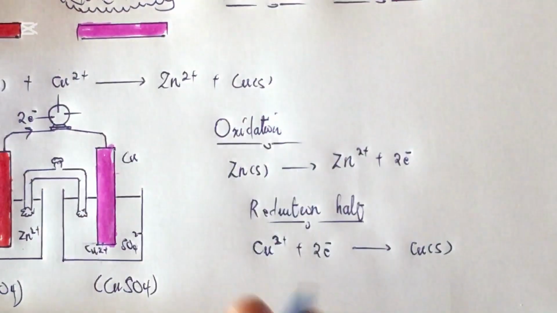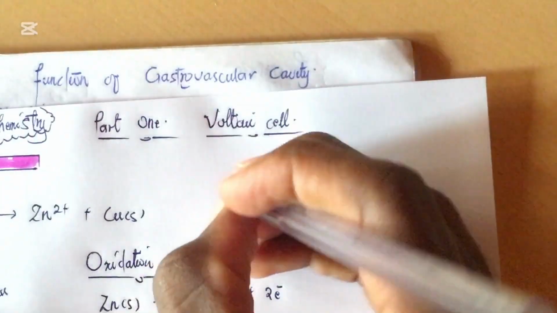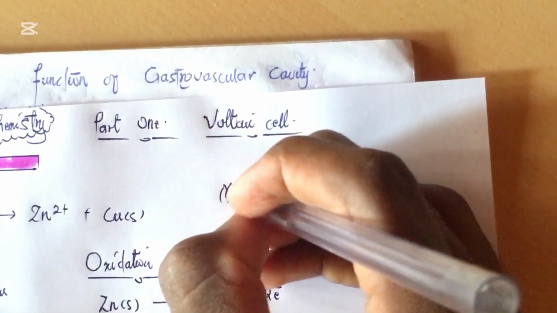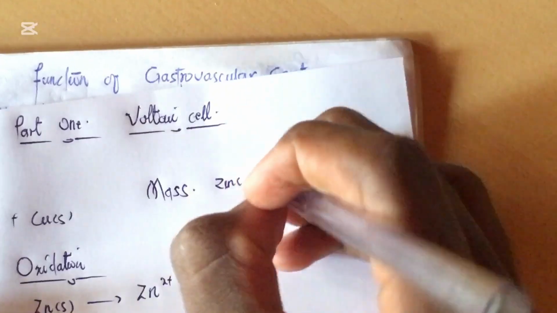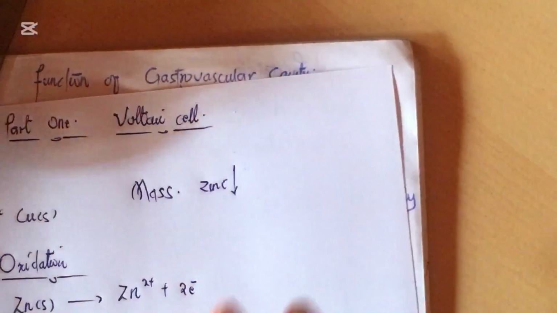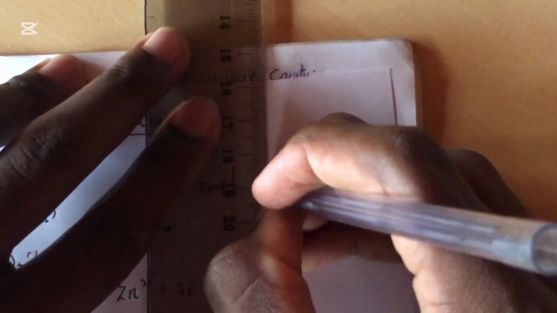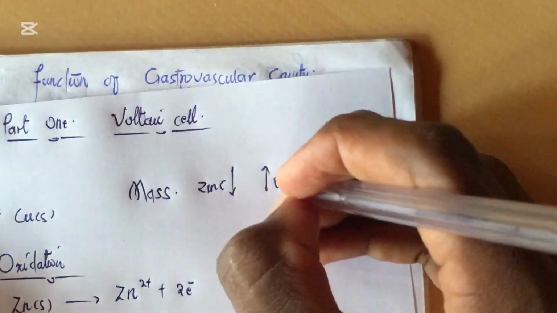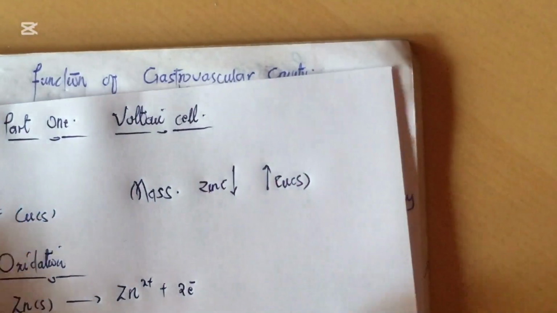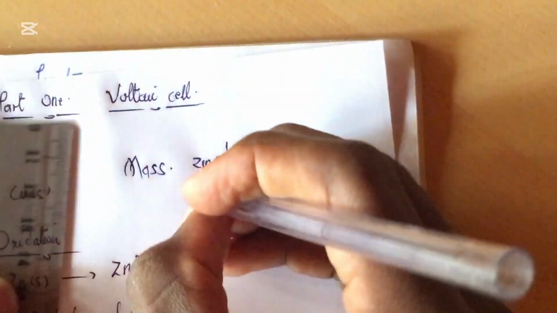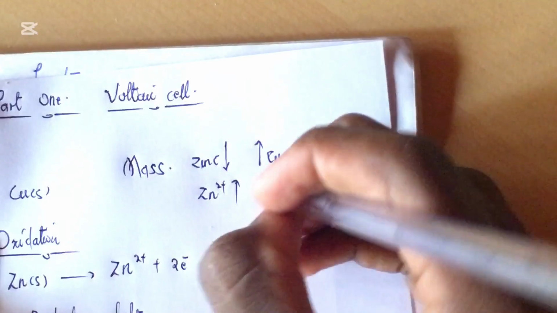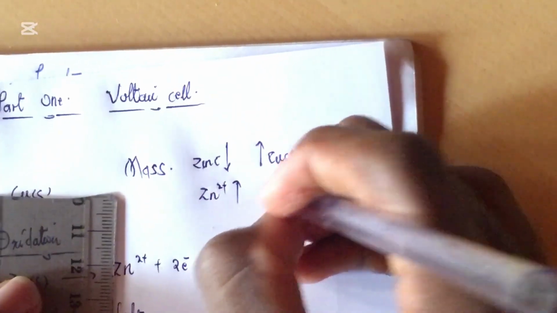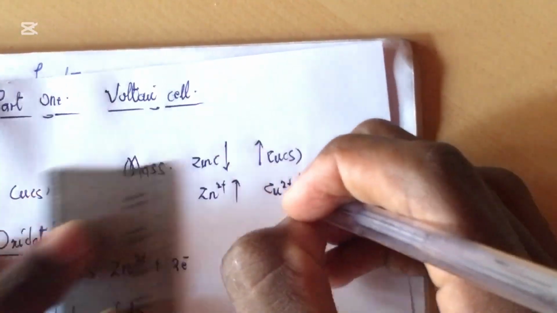So you are going to realize that in terms of mass, you will find your zinc to be lower. The mass of the zinc will decrease, whilst the mass of the Cu solid will increase. But in terms of the ions, the zinc 2 plus will increase, whilst your copper 2 plus will decrease.